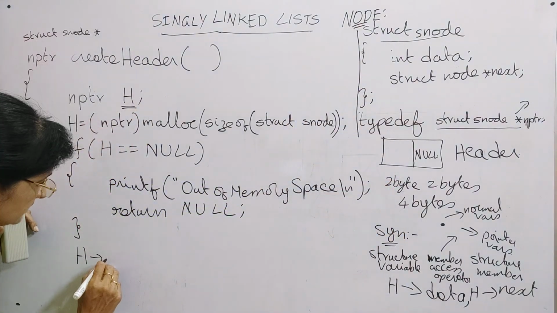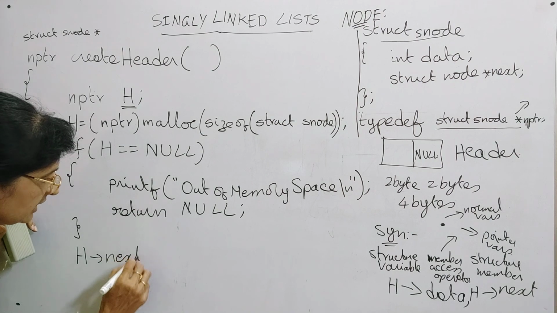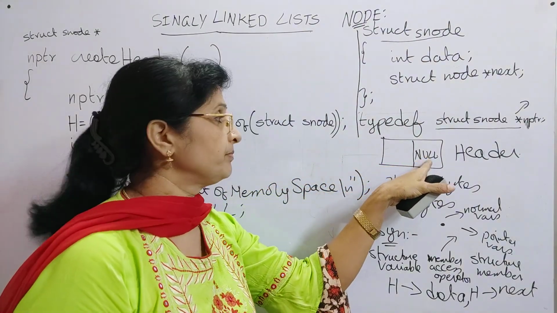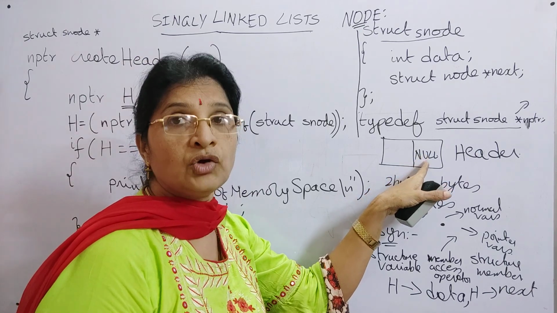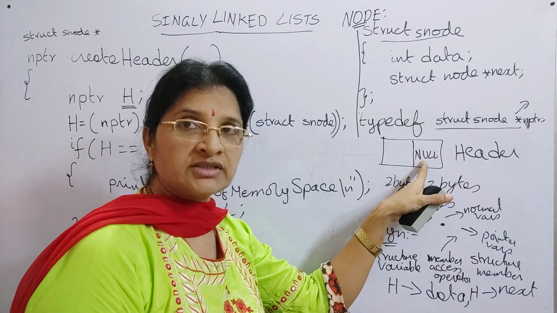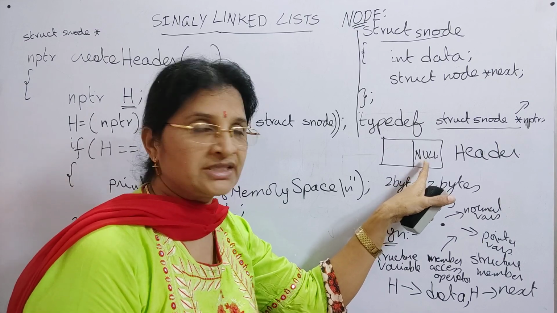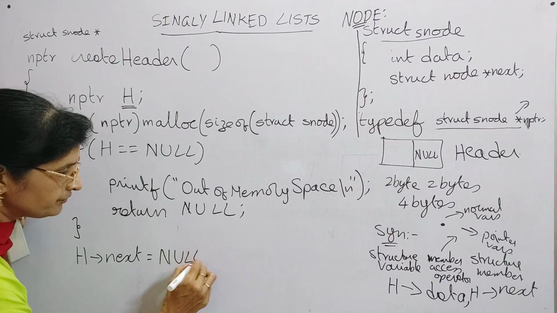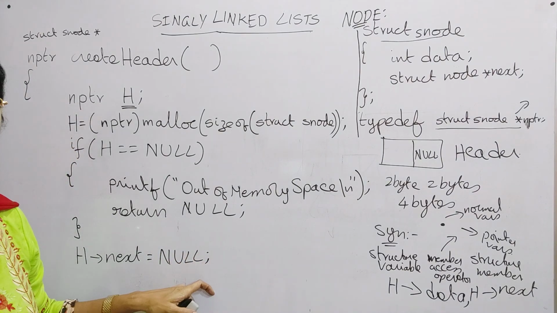So how can we access the next? H hyphen greater than next is equal to, what you have to place in your header? You have to place null because the list is empty at present. So that's why we will give null for the H next.